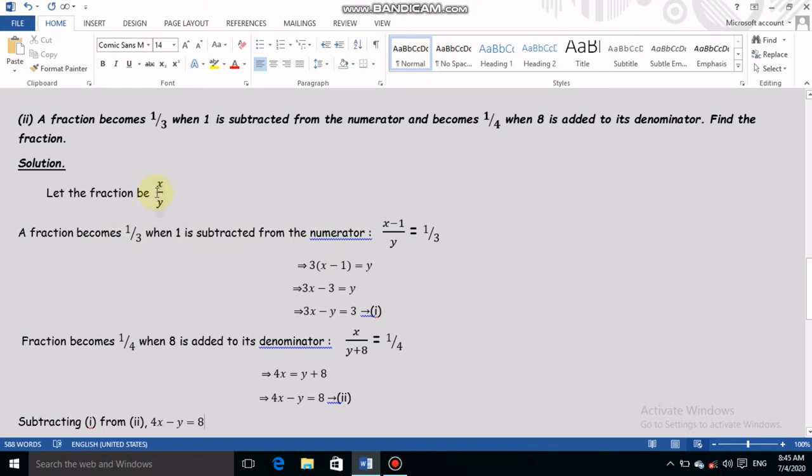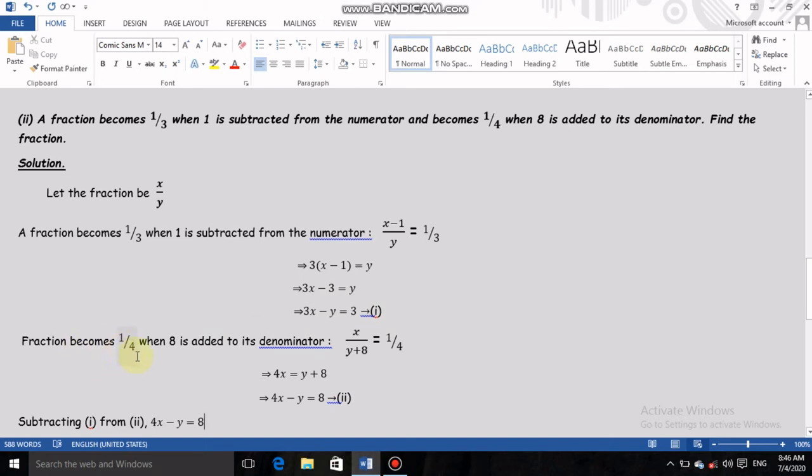So x minus 1 by y is equal to 1 by 3. By cross multiplication, 3 into x minus 1 is equal to y. 3x minus 3 is equal to y. Or 3x minus y is equal to 3, equation 1.